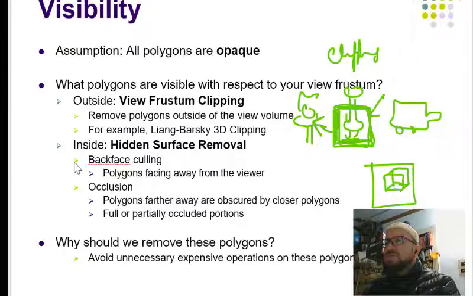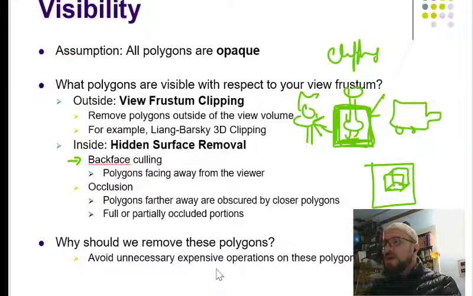That's what we call back face removal, or elimination, or back face culling. Or alternatively, we can detect what is visible: the visible surface or visible faces detection. We detect the visible faces, or we hide the back faces which are not going to be visible. And why are we going to remove them? Because they are unnecessary, expensive operations.